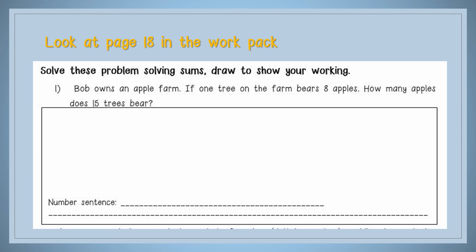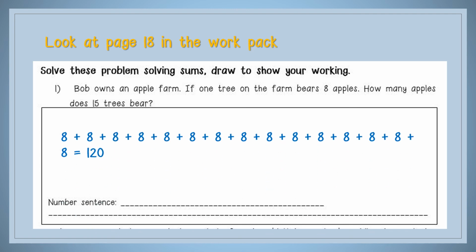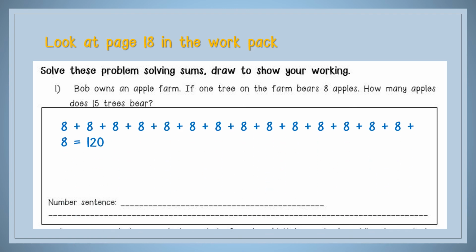Yes. Remember, we need to show our working. Working is very important. So for this, we are going to add 8 plus 8 plus 8 plus 8 plus 8, 15 times, because one tree bears 8 apples. We want to find out how many apples 15 trees bear.